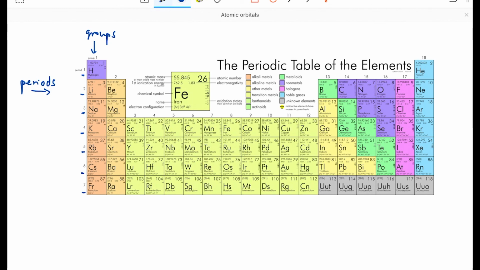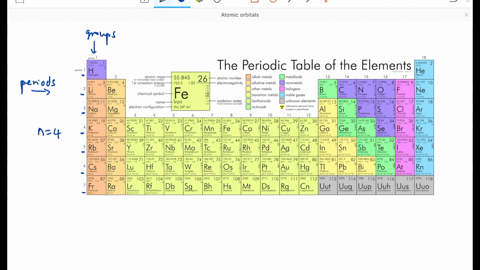So for potassium, we saw 4 energy levels and n equals 4, and it's in period 4. Sodium, 3 energy levels, n equals 3 being the energy level that its final electron is in, and it's in the 3rd period.